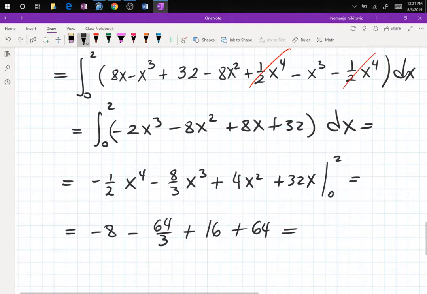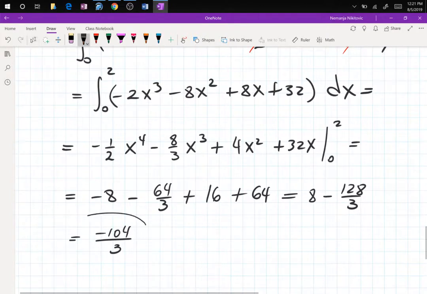That's all good. That's an 8 minus 128 over 3, because 64, that's 3 of those, minus 1 of those is 2 times 64. 3 times 8 is 24, so negative 104 divided by 3.